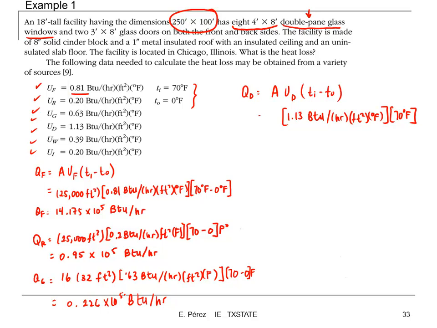Okay, so going back to the problem, this should be equal to 4 times 24, and QD equals 0.076 times 10 to the 5 BTU an hour.